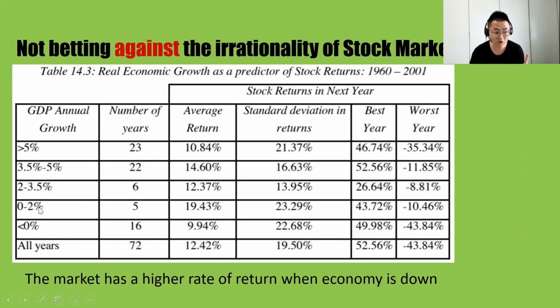And look at when the GDP is 0 to 2%, the stock market return is on average 19.43%. Even when the economy is not doing well, the stock market can still return 9.94%. Therefore, I am not betting against the irrationality of the stock market, because there's no correlation between the stock market and the economy. It doesn't mean that if the economy is not doing well, the stock market must not do well. Therefore, I'm not selling anything.